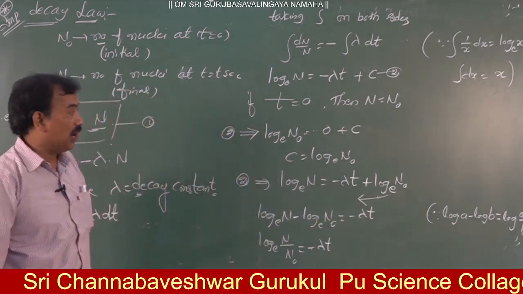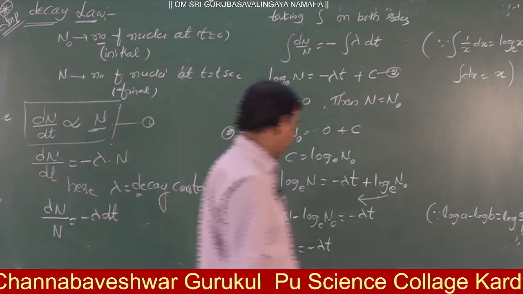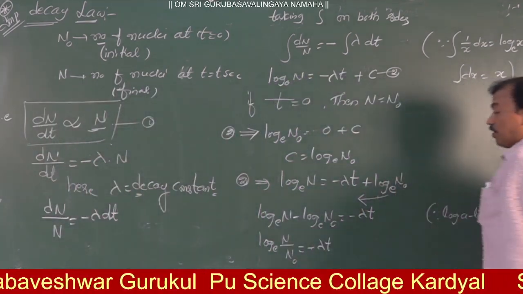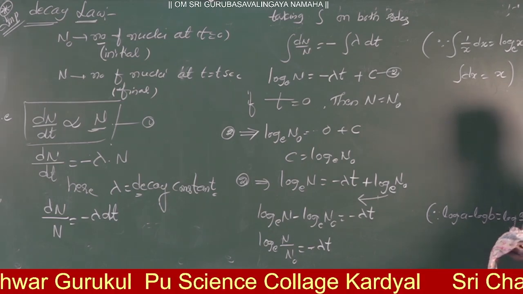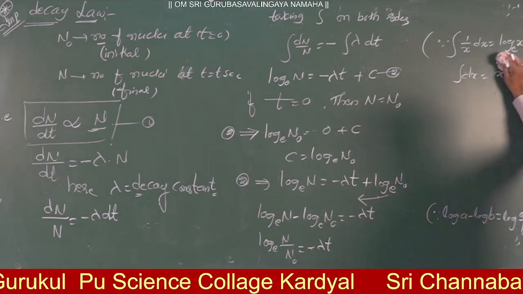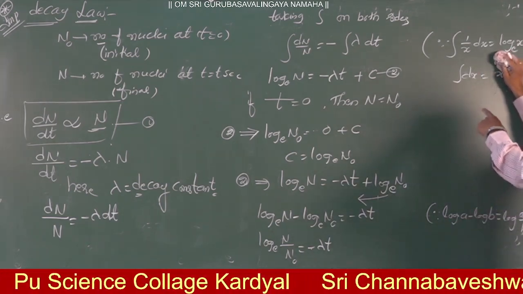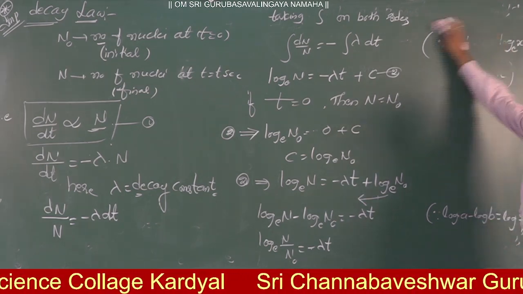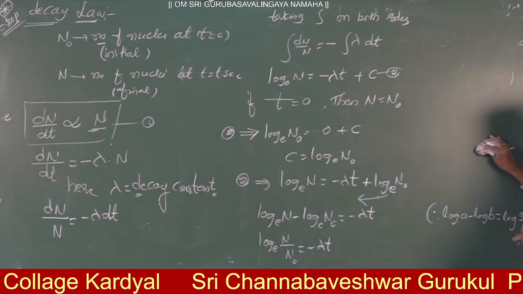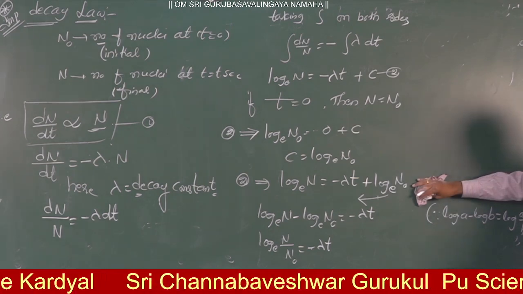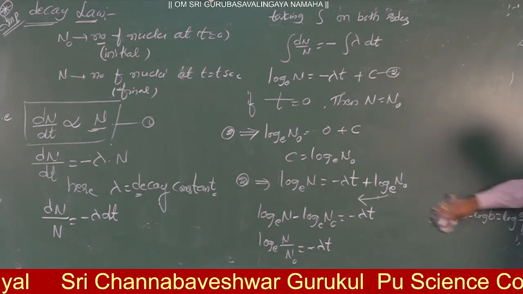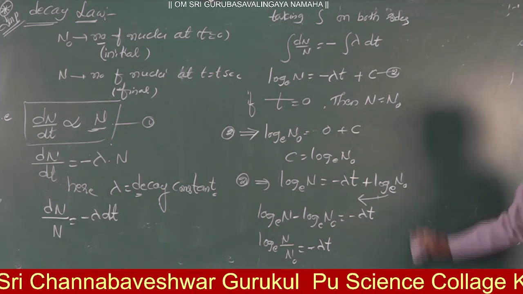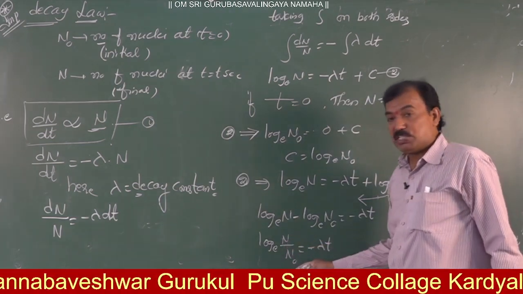Okay, so now again one more equation. So log of N by N naught is equal to minus lambda into t. So this also, log a minus log b is log of a by b. Okay. Again, log base e of N by N naught is equal to minus lambda into t.